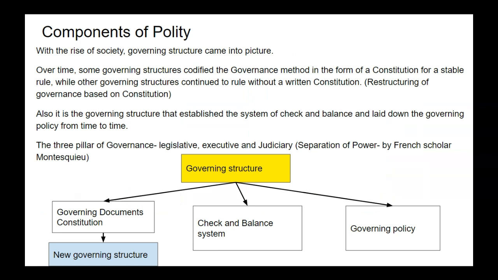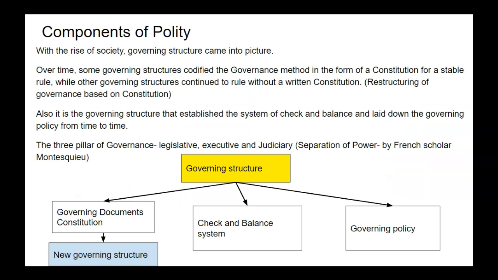Components of polity. With the rise of society, governing structure came into picture, and over time, some governing structures codified the governance method in the form of constitution for stable rule, while other governing structures continued to rule without a written constitution.